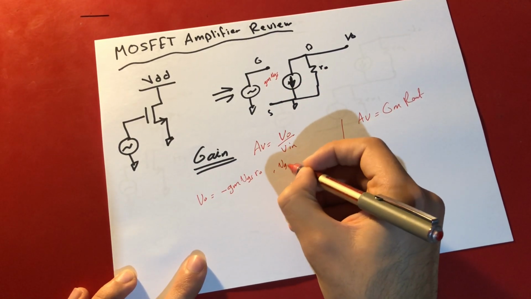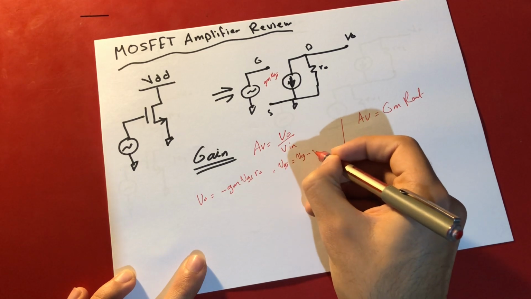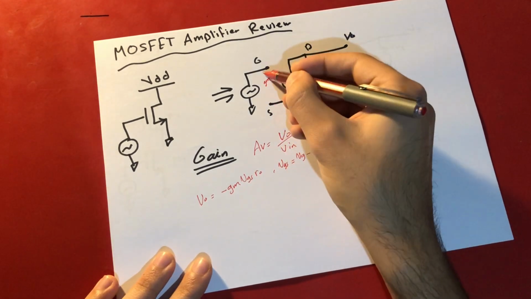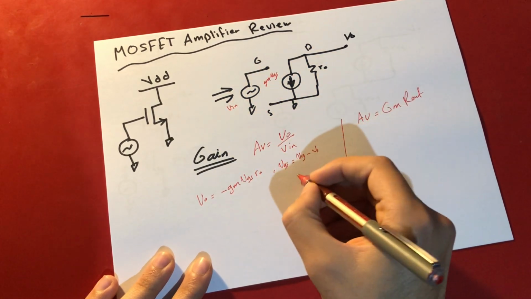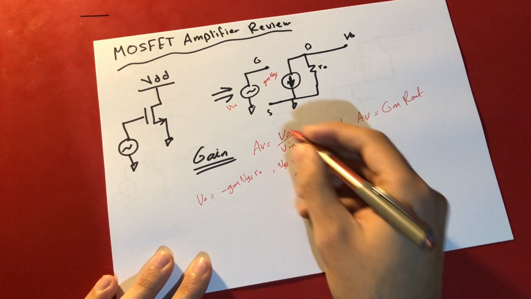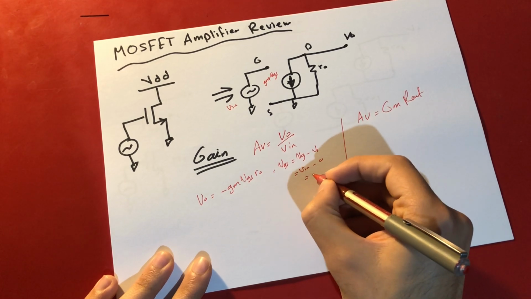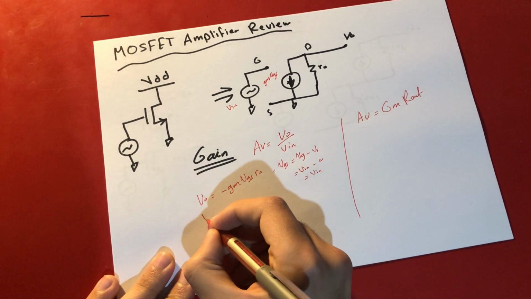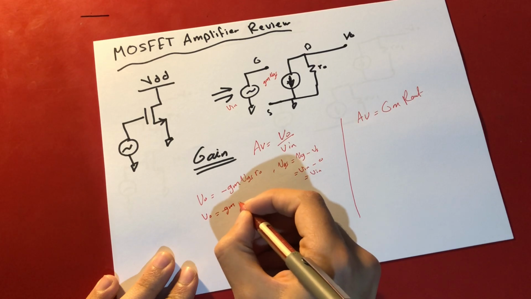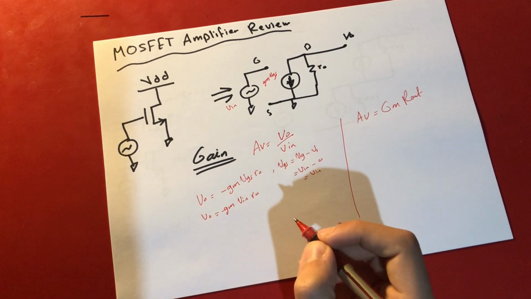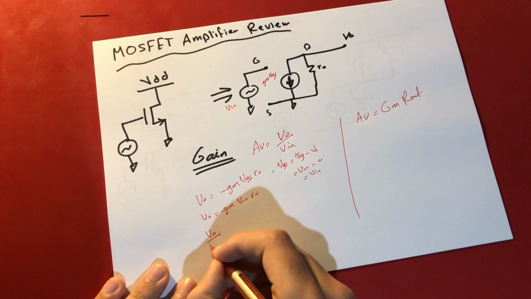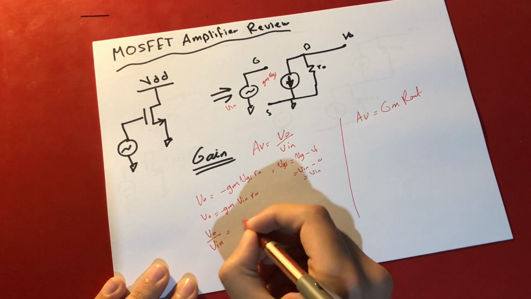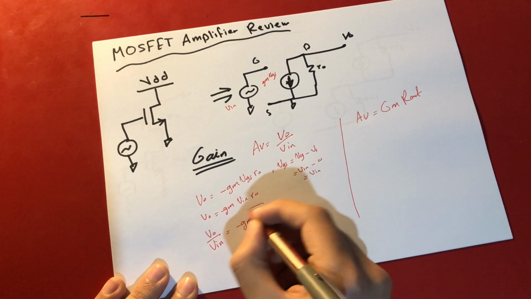VGS is equal to VG minus VS, right? What is VG? It is V input. So it's equal to V input, and VS is 0. So we are left with V input. So V output equals minus gm V input times RO. By dividing by V input, V output divided by V input equals minus gm RO.